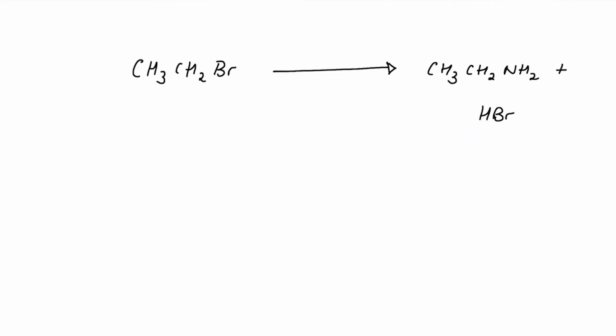Now, you'll be relieved to know that in an exam you would never be asked to draw this using 3D representations of our molecules. So I'm going to run through a second example using ammonia as a nucleophile in the way that we would draw it in an exam. So I am going from my reactant, which is bromoethane, to my product, in which case I have substituted the bromine for an amine group, NH2.